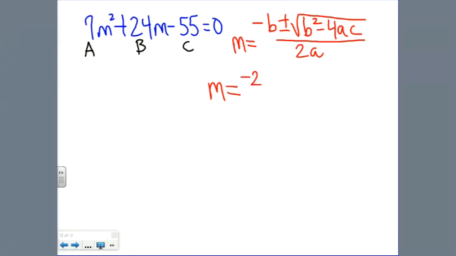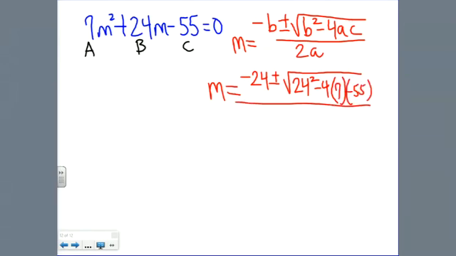So we have negative 24 plus or minus the square root of 24 squared minus 4 times a, which is 7, times c, which is negative 55, all over 2 times a, or 2 times 7.